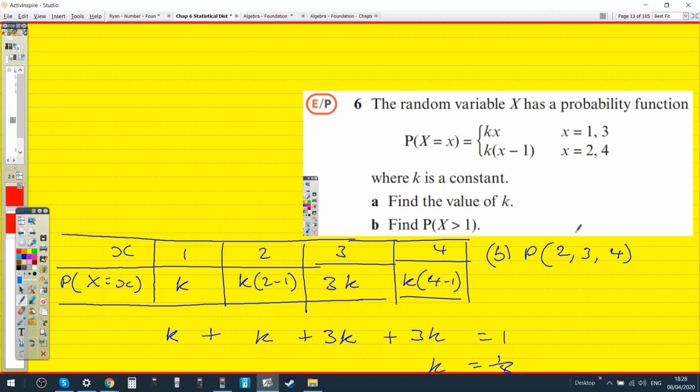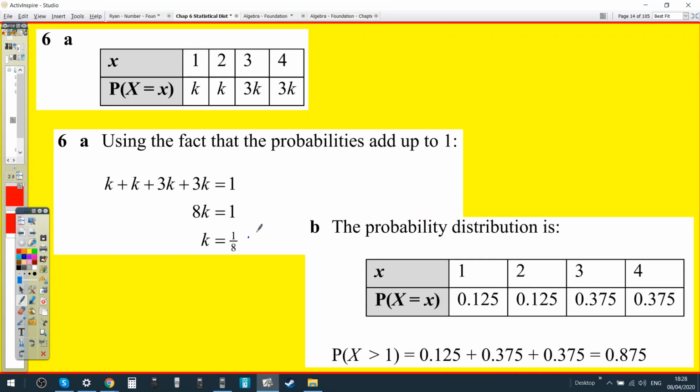The probability of 2 or 3 or 4 is the same as the probability of not 1. So 1 minus 1 over 8, which gives us 7 over 8. Bingo. That's the quick, easy way. K is 1 over 8. And that, I'm sure, is the decimal equivalent of 7 over 8.